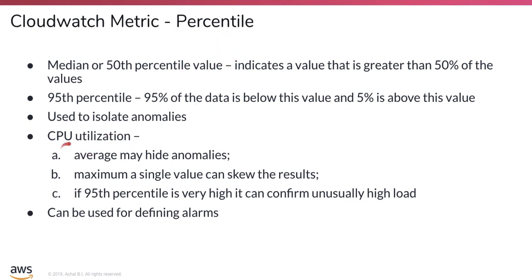For example, if we take CPU utilization, the average may hide anomalies. And if you take maximum as a statistic option, then a single value can skew the result. If there is just one spike for a second, it might skew the results, and you don't need an alarm to be triggered just for one spike.